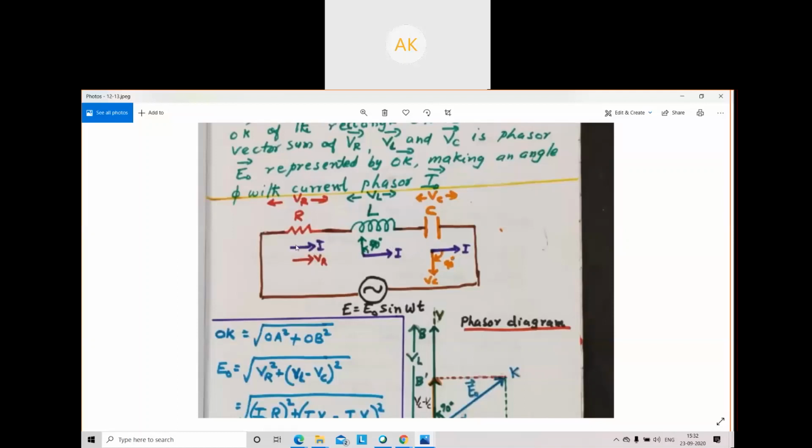So resistor, current and voltage are in same phase. VR means voltage across the resistor. When current is passed through the resistor, there will be potential drop across each component. Suppose VR is the potential drop across the resistor. We know when AC is passed through a resistor, current and voltage are in phase. So they are marked like this, in phase, same direction.